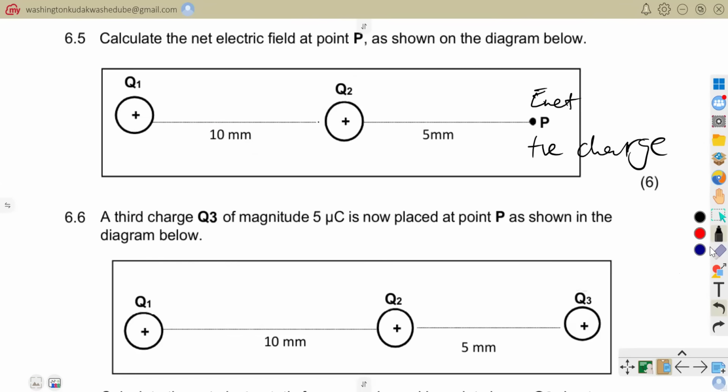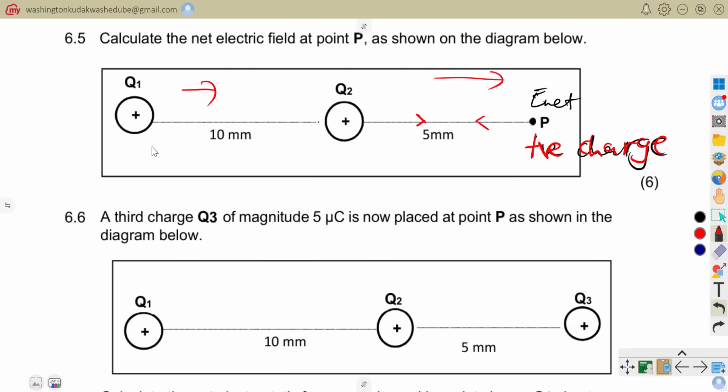A point charge is always a what? A positive charge. So if a point charge is always a positive charge, what we are saying is this would actually get to what? To repel with this one. So this will push this one towards that direction. And this as well, it will push that same point charge towards that direction.